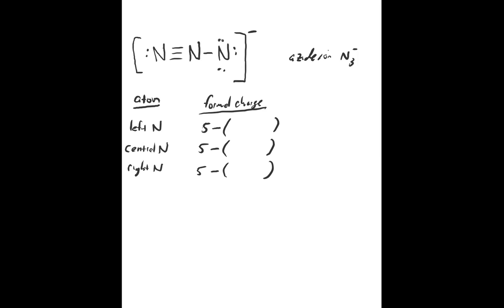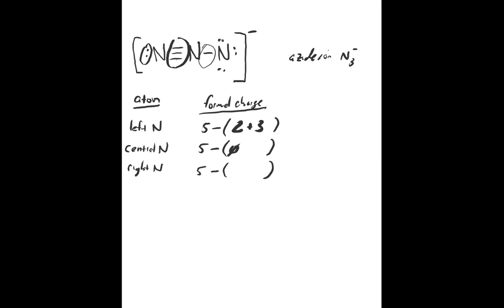So let's start with the left nitrogen. The left nitrogen has a lone pair. That's 2 right there, and it has 3 bonds, so that's 3. Let's do the central nitrogen. The central nitrogen doesn't have any lone pairs, but it has a total of 4 bonds, 3 on the left and 1 on the right.